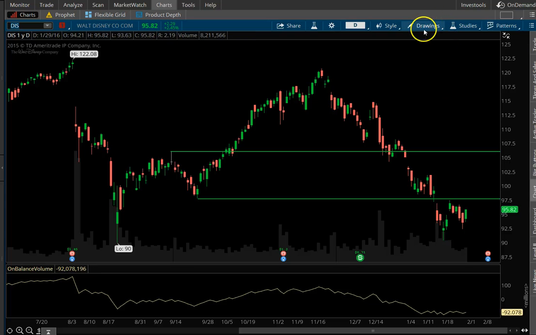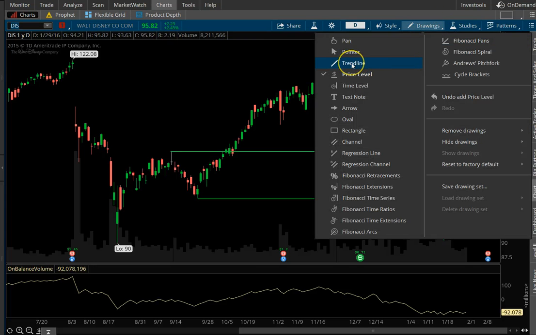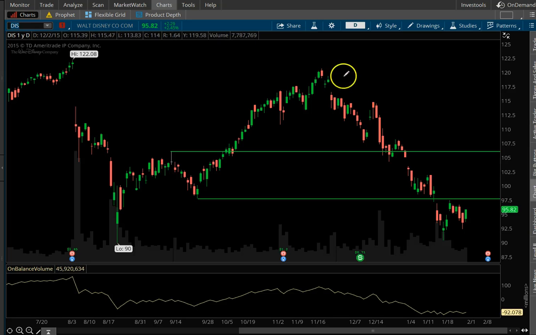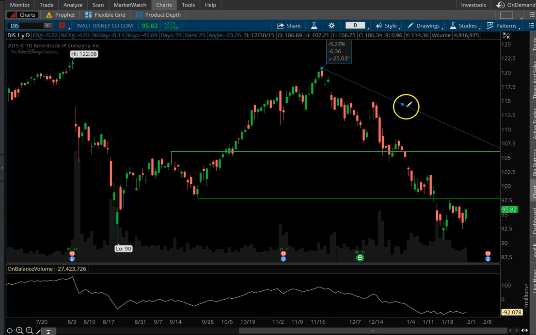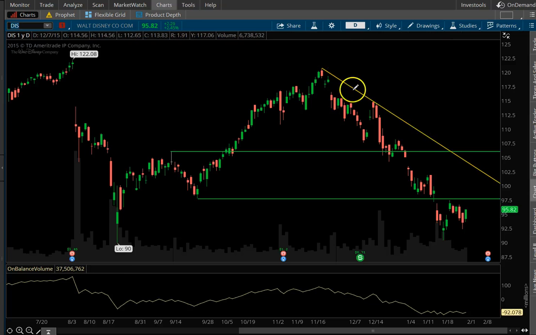Now I'm going to add another technical analysis tool, which is called the trend line. The trend line is basically where you take a top and then extend it down, making at least 2 touches. 3 is better, but this line will also serve as a price level.